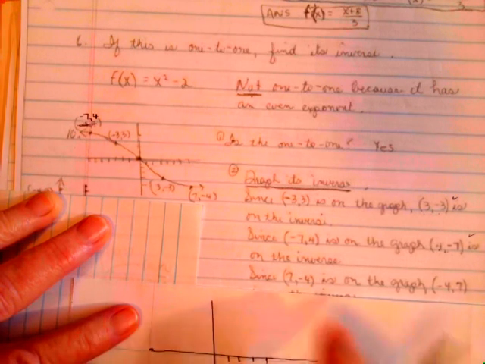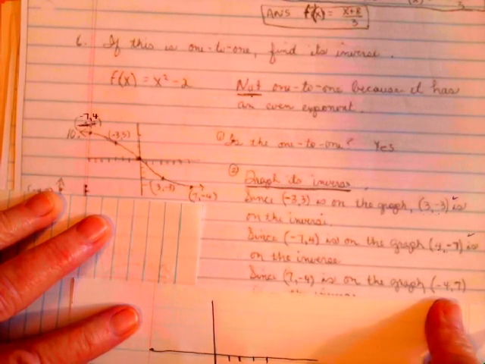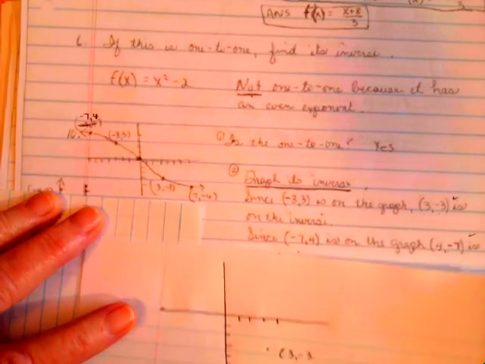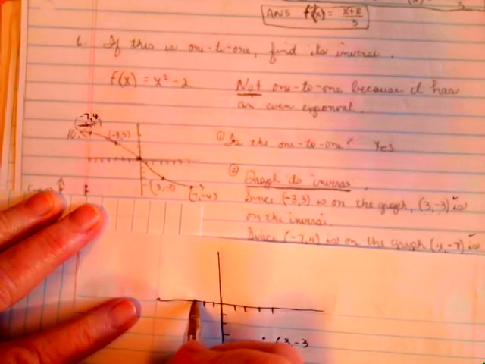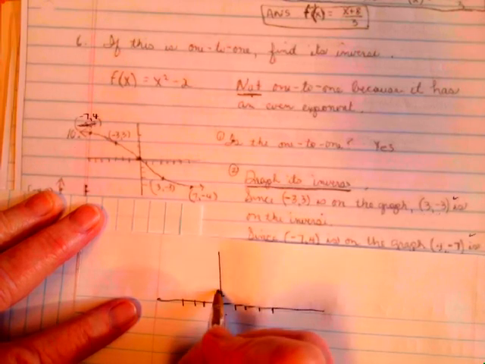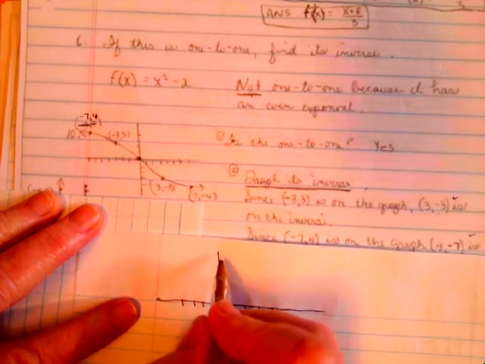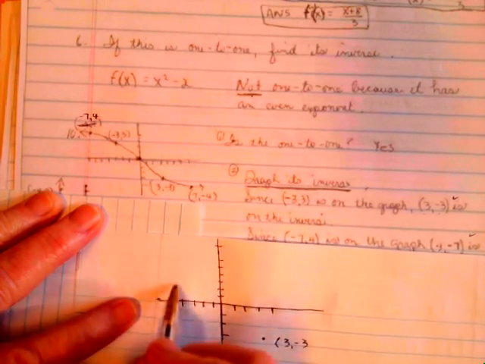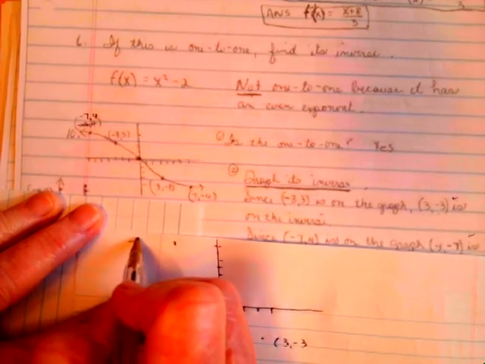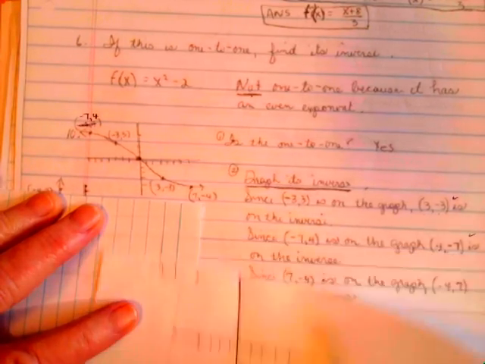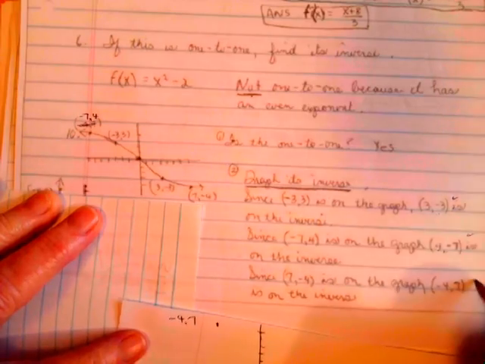Since 7, negative 4 is on the graph, negative 4, 7 is on the inverse. So 1, 2, 3, 4, 1, 2, 3, 4, 5, 6, 7, negative 4, 7 is on the inverse. So I've got that one done.